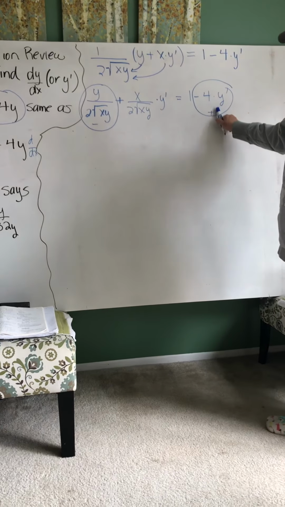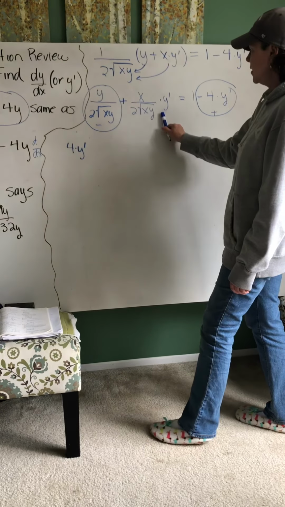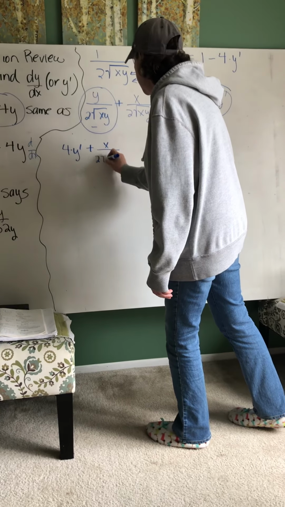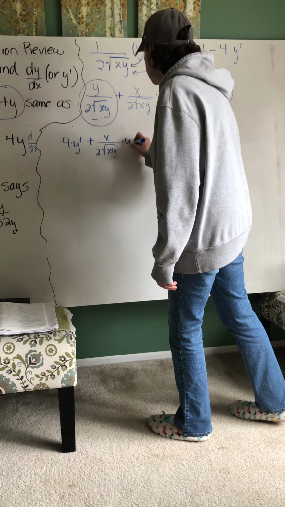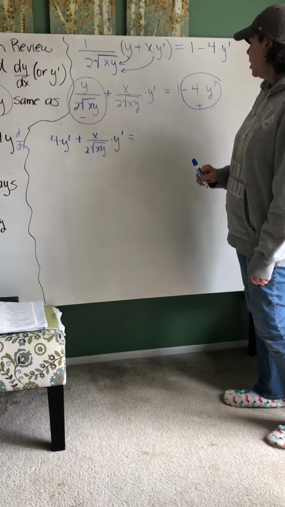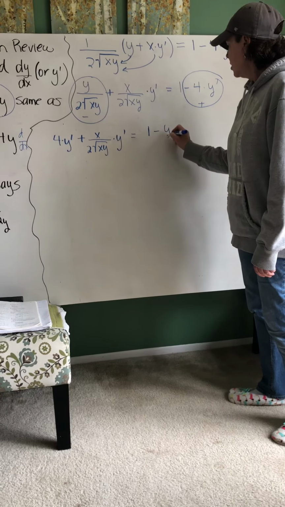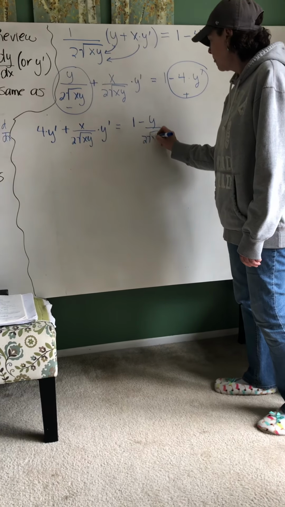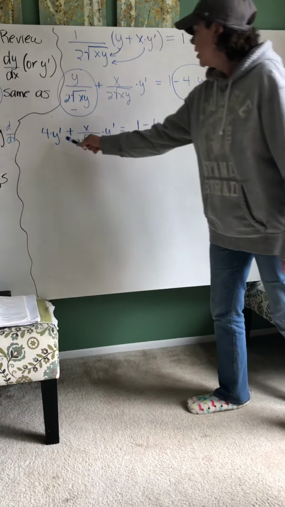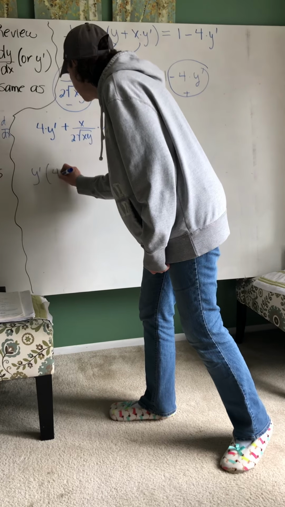I'm going to add 4 times y prime, and this term is still on the left hand side. There we go. I have this one and this expression on the left. On the right, there's a 1, and I will subtract this expression. There we go. Now, because I only have y primes on the left, I can factor it out and write what's left.